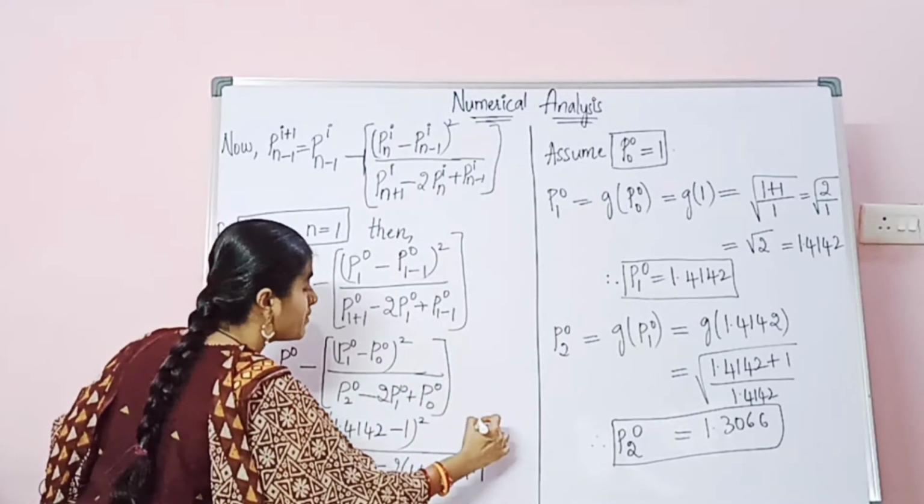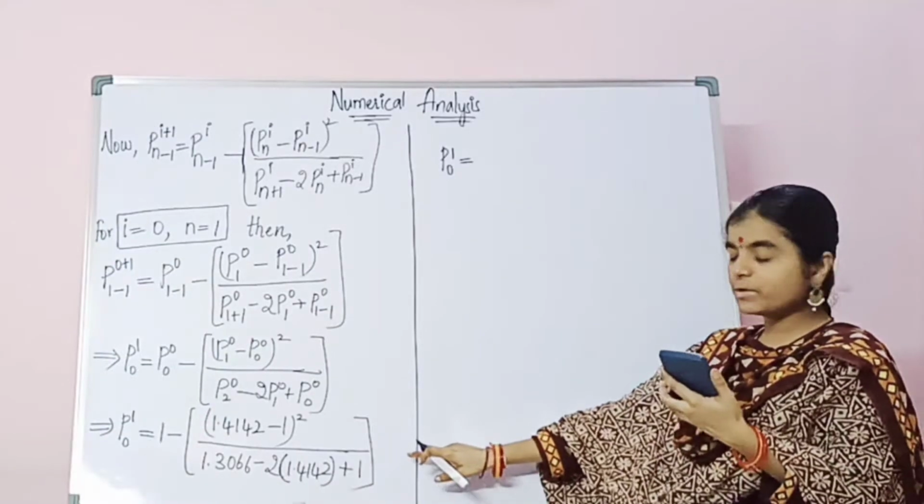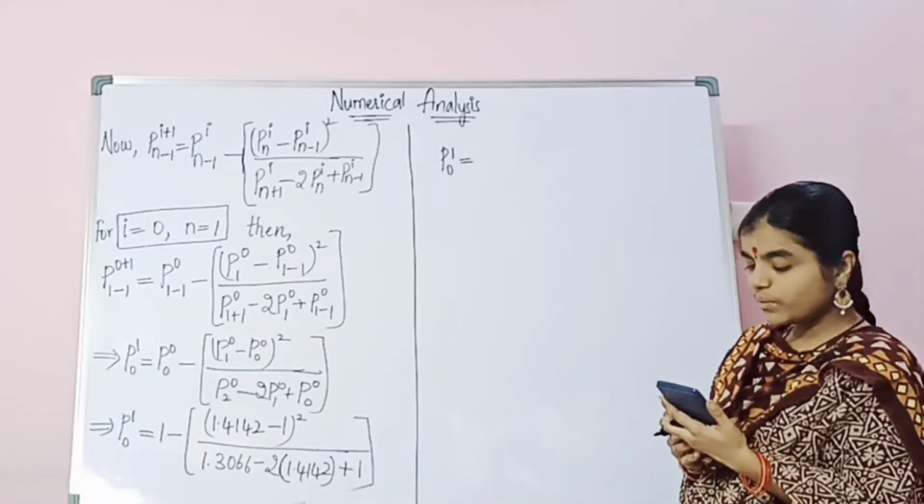What is the value of P naught power 0? 1. So after calculating this value, P naught power 1, what is the answer here?